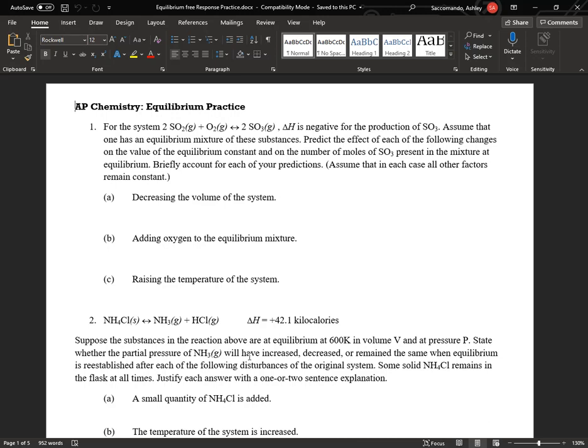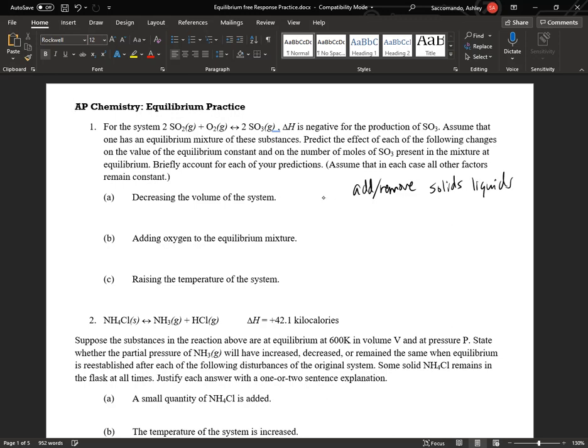What are the ones that don't ever affect the equilibrium shift? Let's list those out. Now, pressure can affect the equilibrium shift. So can temperature. But which one never? Yes, solids and liquids. You add or remove solids and liquids.